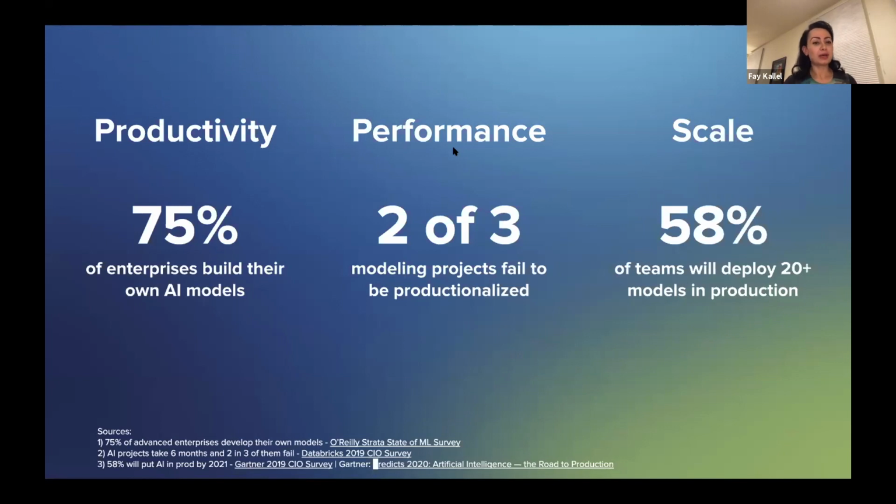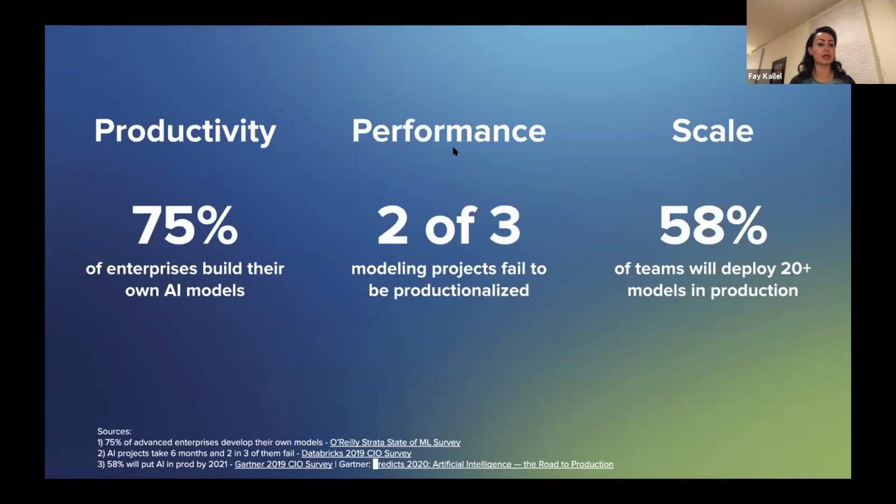And perhaps chief among them are the tripod of productivity, performance, and scale. In fact, when it comes to productivity, 75% of enterprises build their own AI models in-house. They hire experts and they try not only to build the models, but build some of the tools that they need to develop such models and bring them to production.